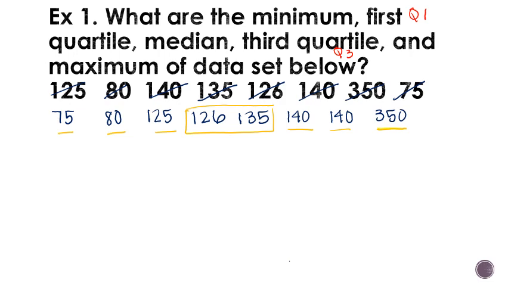Okay, so when I add those together, I get 135.5. So I'm going to go ahead and erase all these markings here. Okay, so my middle was 130.5, and that would be my Q2.